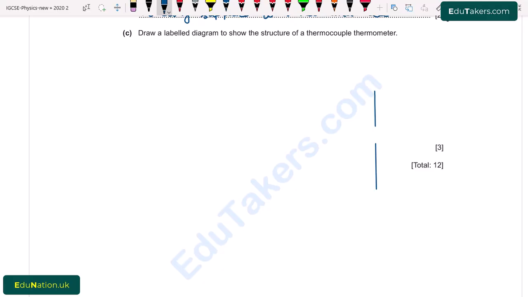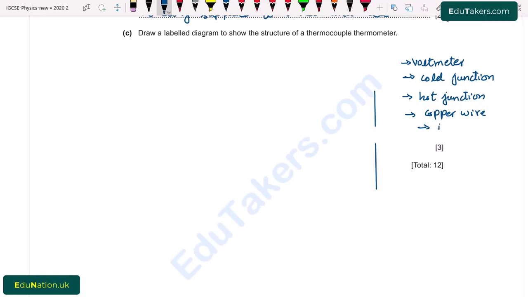As the thermocouple thermometer contains a voltmeter, cold junction, hot junction, copper wire, and the last one is iron wire. On the figure we have to mention all of these components.